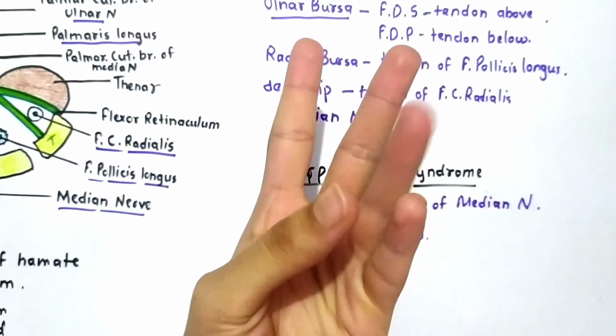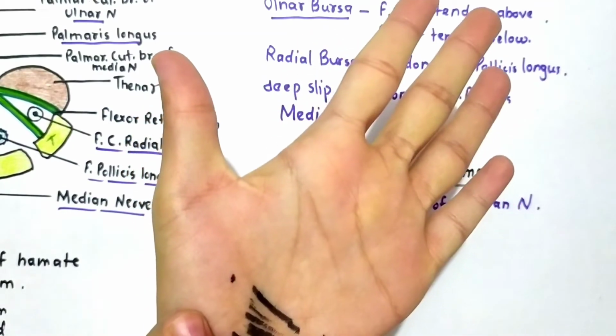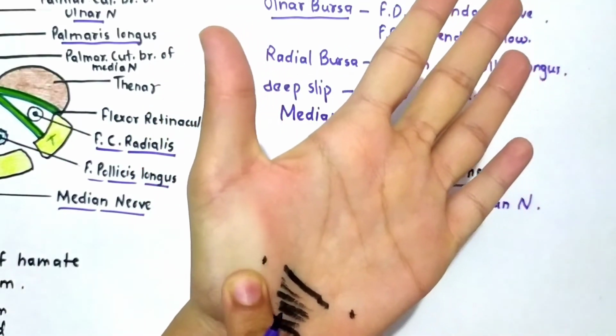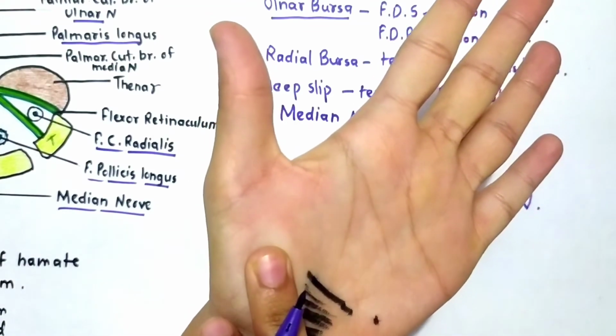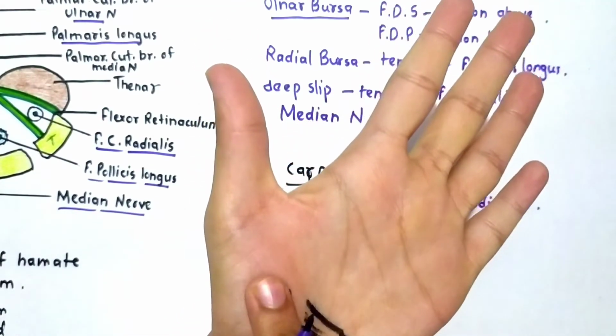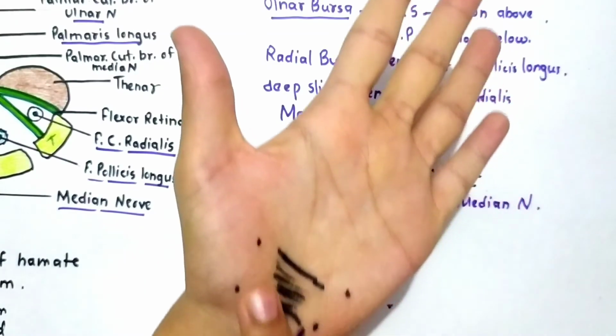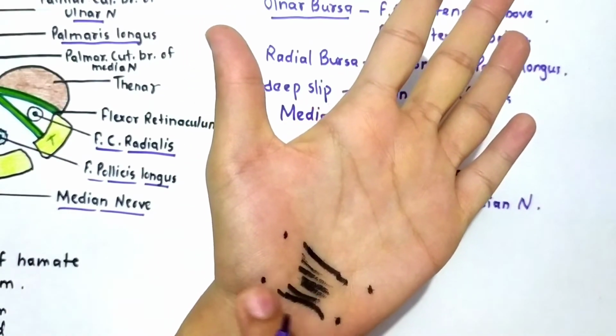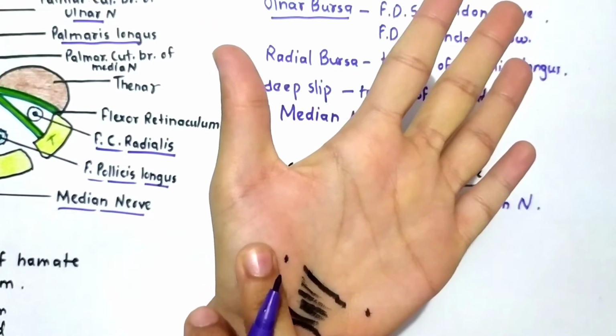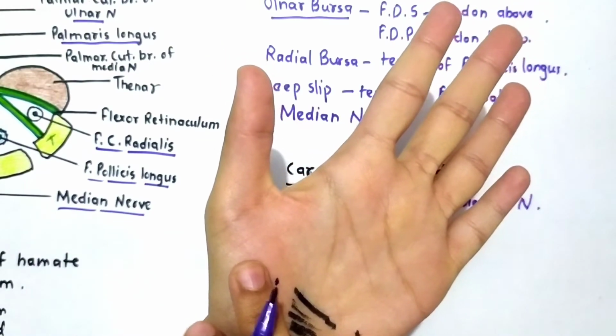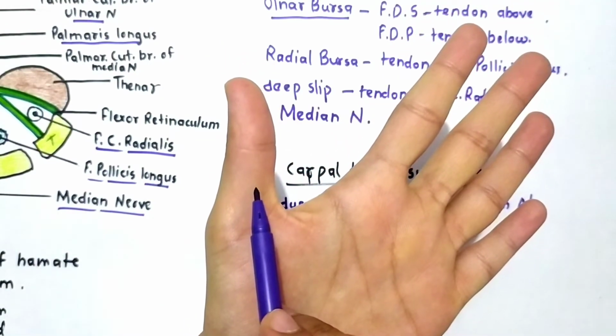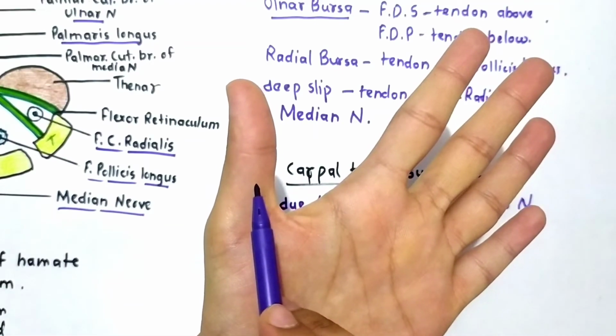The opposition movement of this thumb is lost, and there is wasting of the thenar muscles in this region because the median nerve mainly supplies this lateral side. So all the losses are on the lateral side. In the sensory loss also there is sensory loss of the lateral 3.5 fingers.